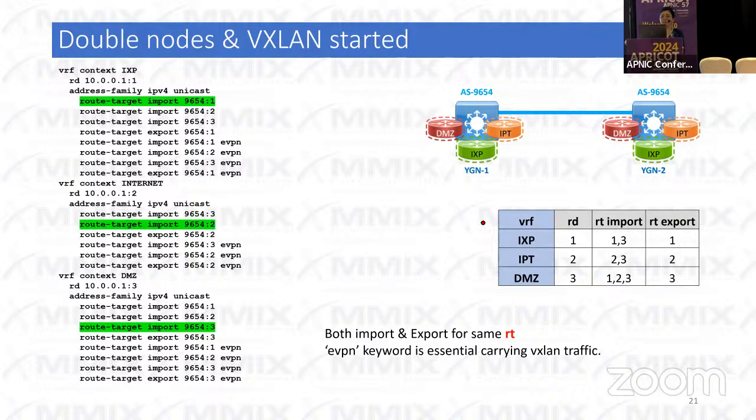If not, the right side switch will not get the information from the left side switch, even in the same VRF. Any other configuration will be the same. Because of VXLAN, I need to create the EVPN keyword. These keywords are essential for the route information carrying VXLAN traffic from the remote switch.